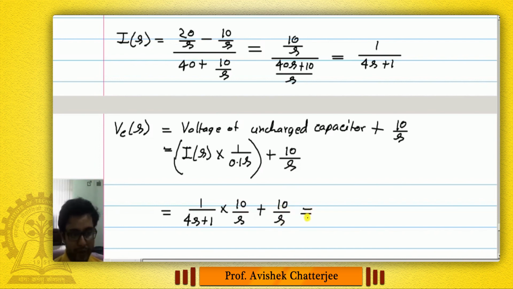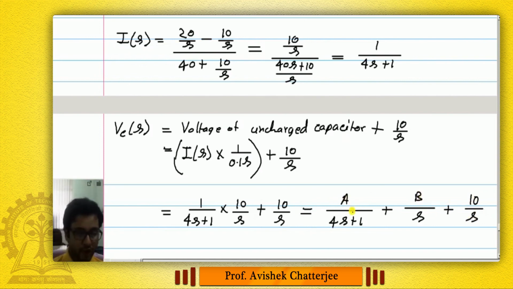Now I will do partial fraction. So I will write this as something divided by 4S plus 1 plus something divided by S, plus this 10 by S. You may put A, B here and find what should be the value of A and B, but this is an easy problem, so I will just think what can I put here to get 10 above.